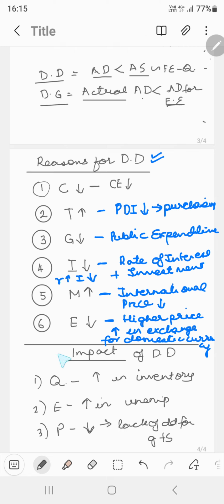The next part of this presentation is the impact of deficient demand. The impact of deficient demand has to be studied in terms of its impact on output, its impact on employment, and its impact on prices. Talking about the first thing, the impact on output: because people are not buying, inventory is increasing.